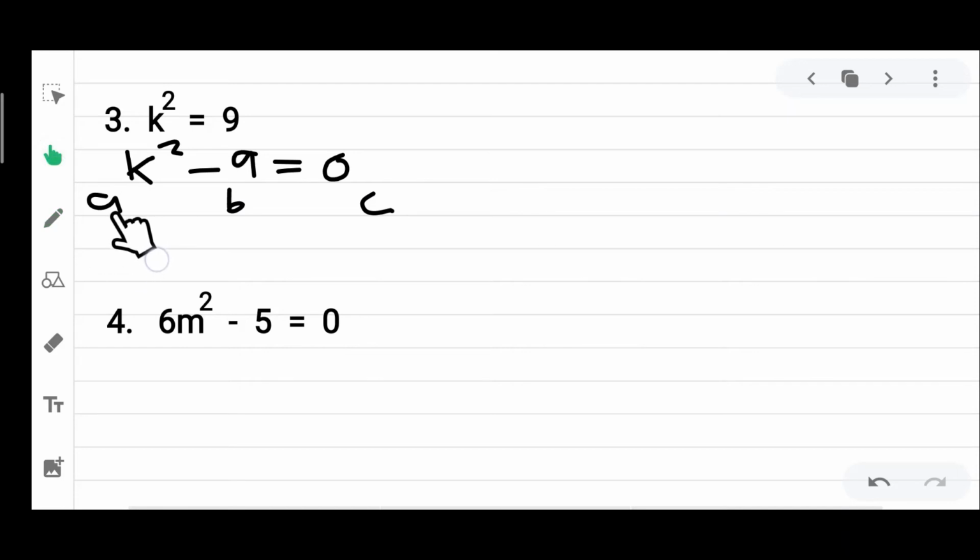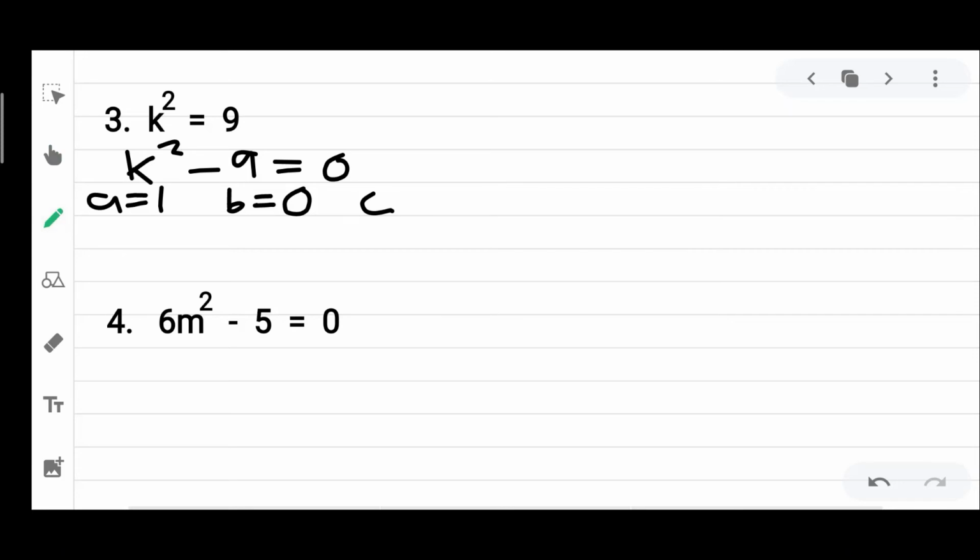So, ang value ng A natin dito is 1. Tandaan ninyo, ang value ng A is the numerical coefficient of x squared. Ano naman ang value ng B natin? May nakikita ba kayong x? Wala, di ba? Since wala, ang value ng B natin ay 0. Di magkakamali dyan.